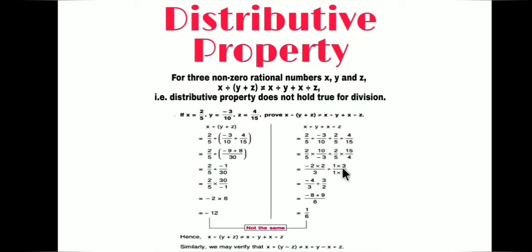After solving this sum, we got the answer as 1 upon 6. Minus 12 is not equal to 1 upon 6. This shows that x divided by y plus z is not equal to x divided by y plus x divided by z. That means the distributive property does not hold true for division.